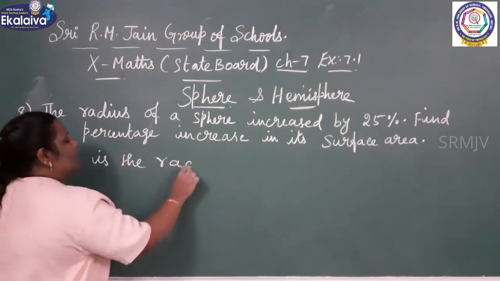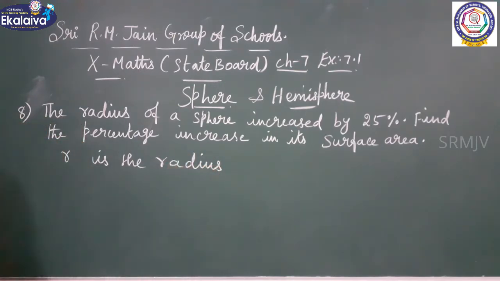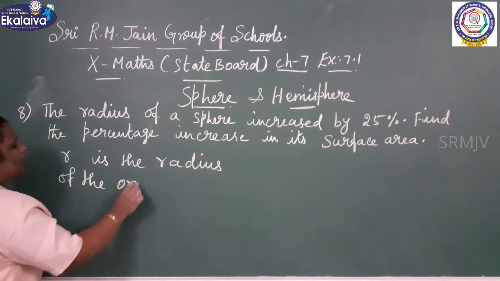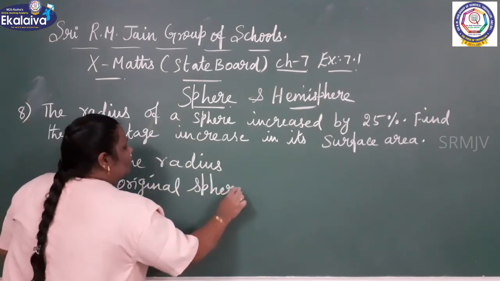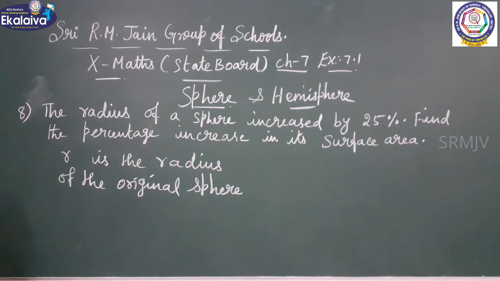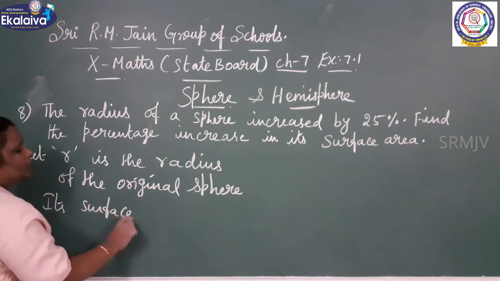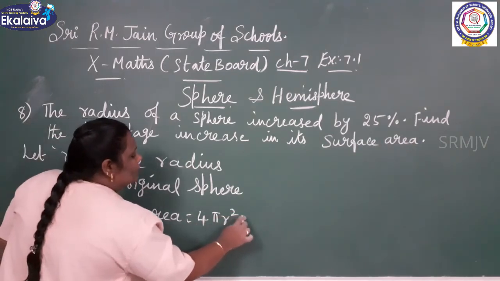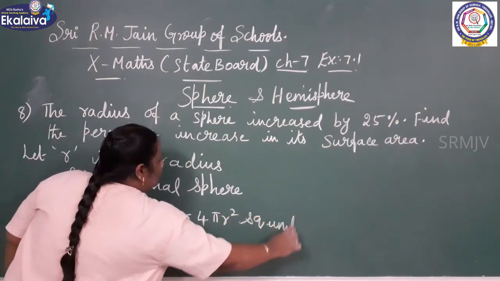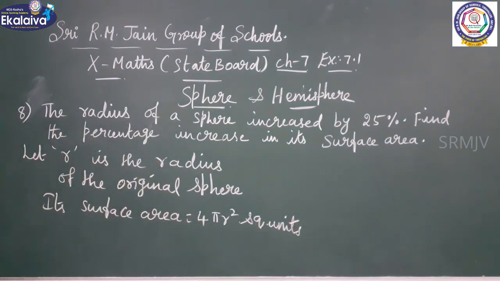Let r be the radius of the original sphere. Its surface area is equal to 4 pi r square square units.